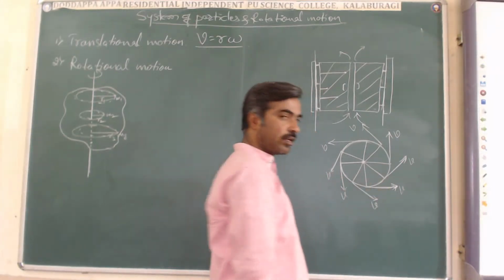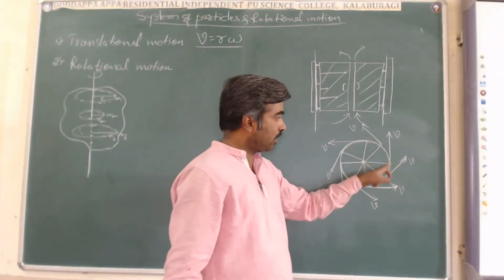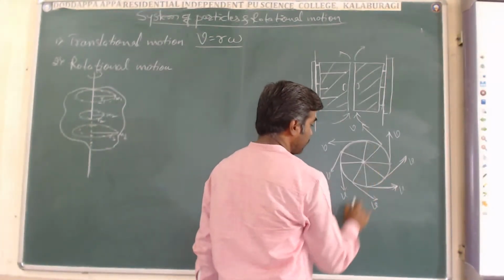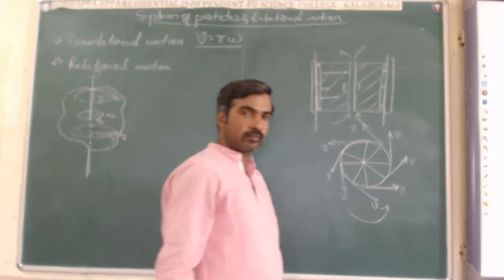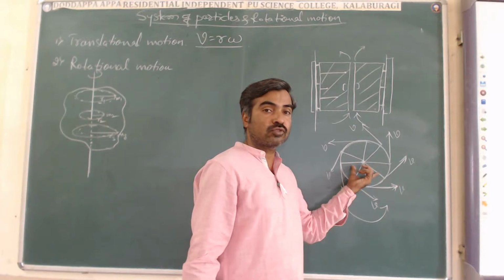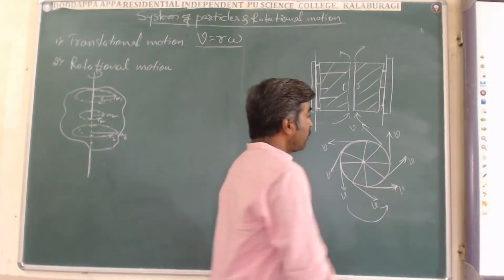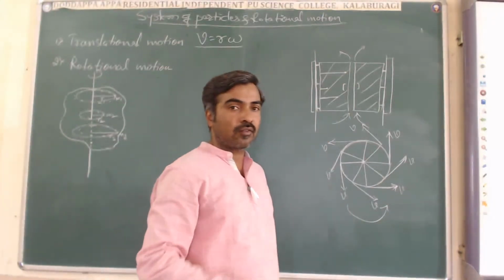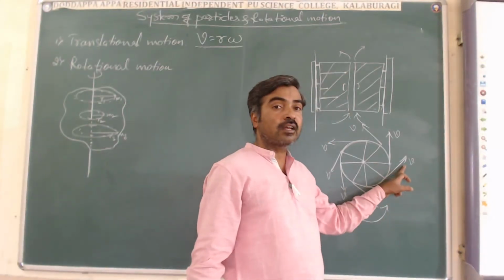Of the wheel also we can see. All the tangents are linear velocity, whereas the wheel is rotating like this, clockwise or anticlockwise, but the wheel is rotating. It is executing rotational motion. But if I put a tangent for every point, considering particles are there, that is the linear velocity it is representing.